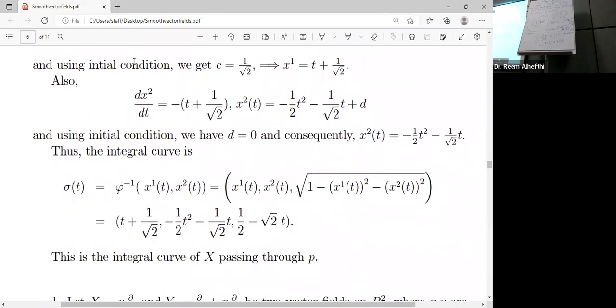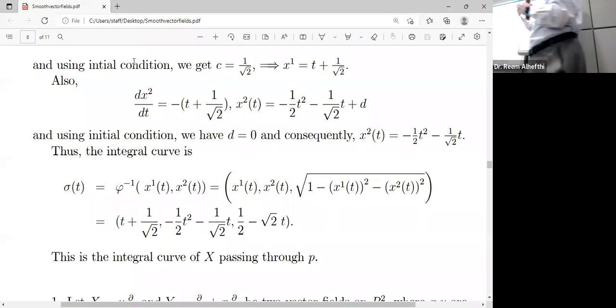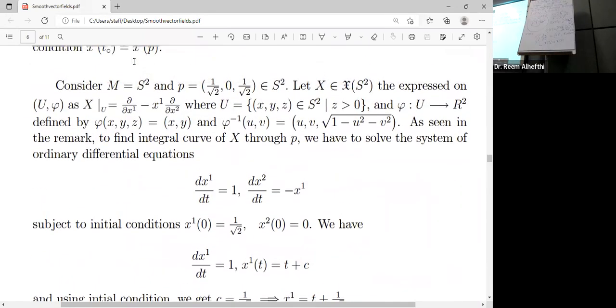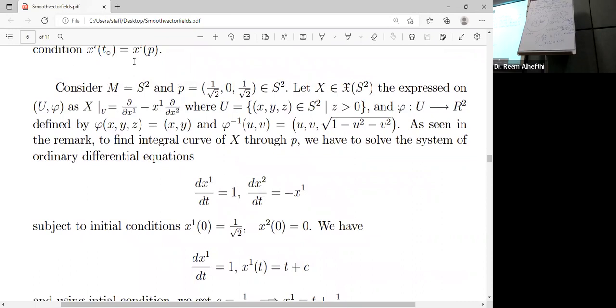And therefore, the integral curve sigma t is given by x1 t and x2 t, which are from R2. From R2, you have to come back onto the sphere via that chart map. Phi inverse of u v is this.